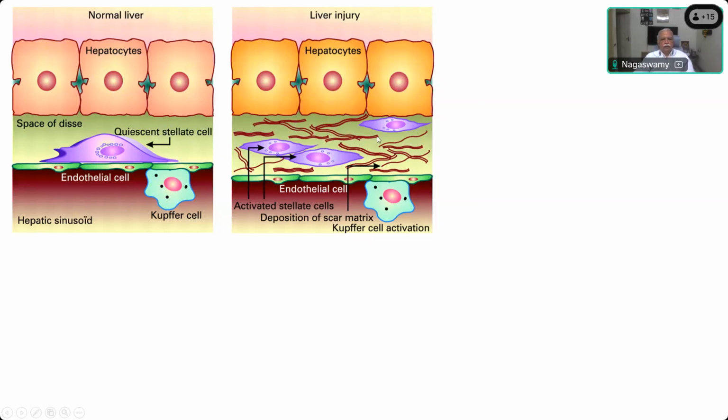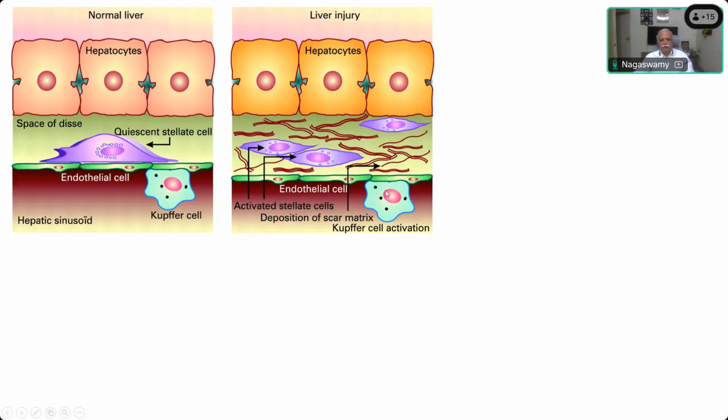So when this space gets filled with the matrix, collagen, then what happens? It starts shrinking. So this is the activated stellate cells, deposition of scar matrix, and there is also Kupffer cell activation because it's an inflammatory process.